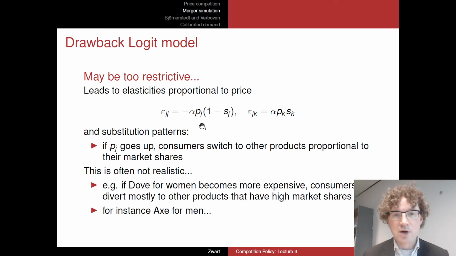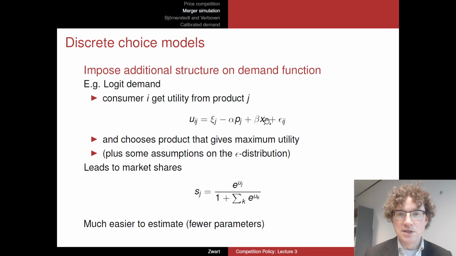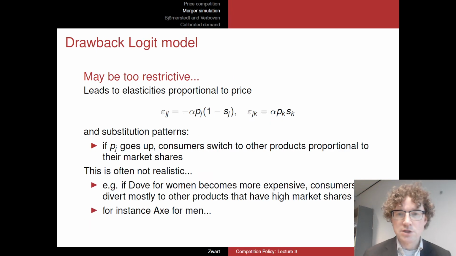It only depends on price, on this alpha parameter, and on the market share for this particular product. And likewise, the cross price elasticity between product J and product K, where those two products are different, will again depend on this alpha parameter, the coefficient multiplying price in the utility functions, times the price of product K times the market share of product K.